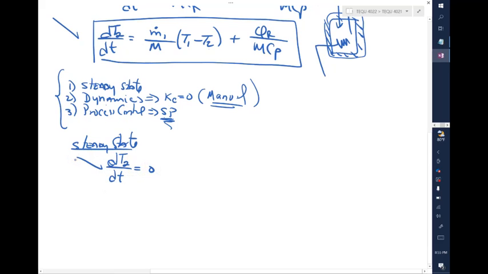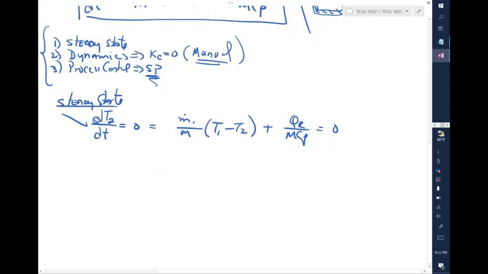Now, if it's 0, we end up with M1 over M times (T1 minus T2) plus QR over M Cp, obviously equals 0. Then what we're going to do, in most cases, is try to get T2 from this equation.